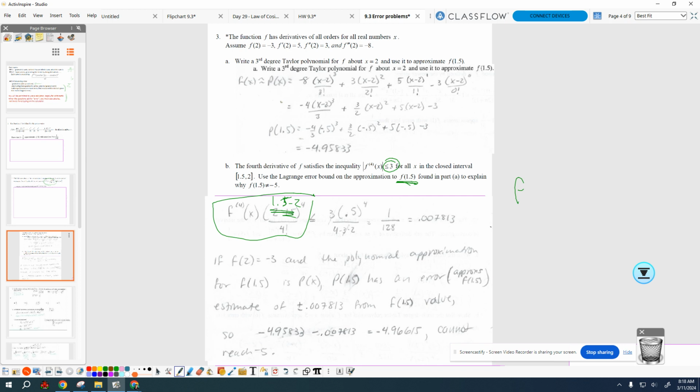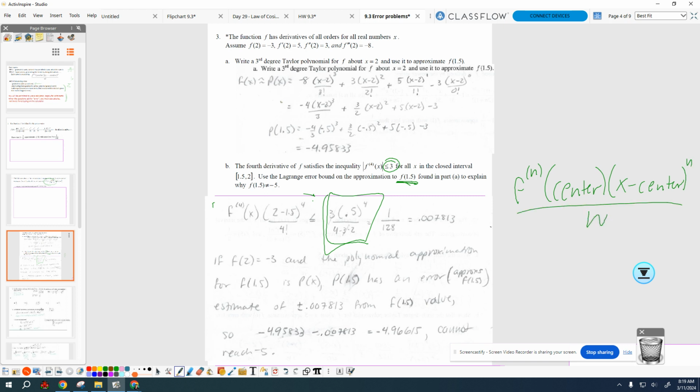What else? Yeah. On the other side of the inequality, why did you multiply everything by 3? Okay, here. Well, any particular term is the nth derivative evaluated at the center, x minus the center to the nth power over n factorial.